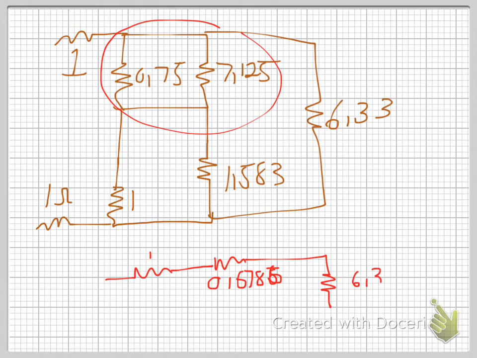Okay, with 6.33. It is definitely looking more like this. 0.6786. And then we've got 1 multiplied by 1.583 over 1 plus 1.583, which gives us 0.6126.